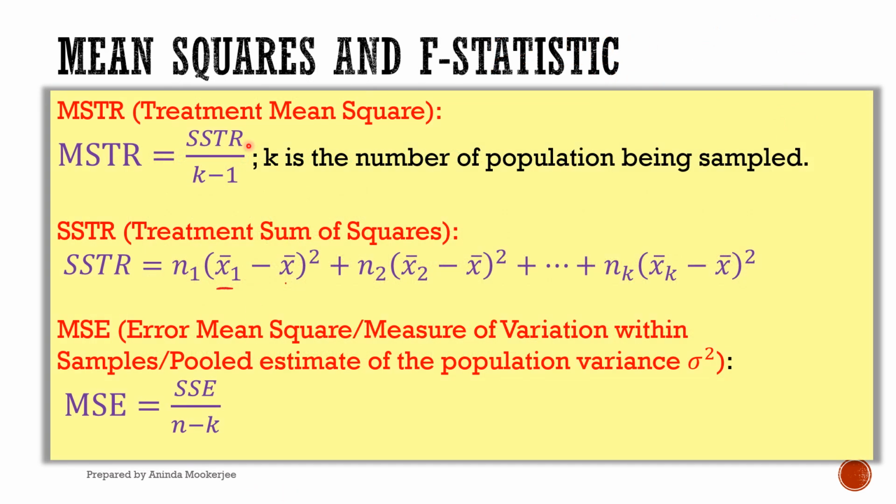Here we will look into the formula for SSTR. SSTR, which is the treatment sum of squares, has this formula: n sub 1, which is the sample size of sample 1, times x bar sub 1 minus the overall sample mean, squared, plus n sub 2 times x bar sub 2, the sample mean from population 2, minus the overall sample mean, squared.